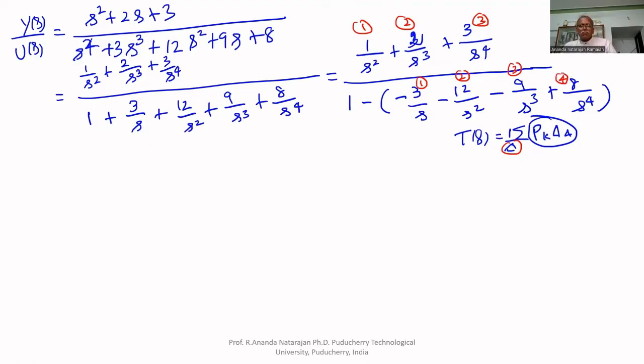So immediately we can draw the signal flow graph. We have to combine s square and s square, s cube and s cube, and s power 4 and s power 4. There is no 1 by s term in the numerator. Then you will get the signal flow graph.